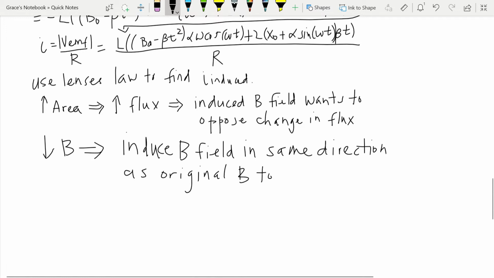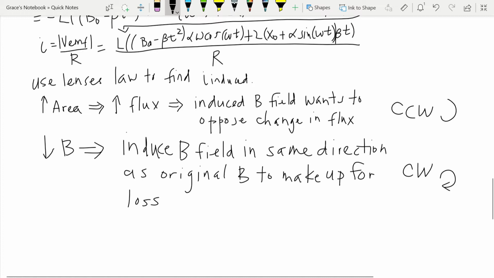The B field is decreasing with a small change in t, and so a decreasing magnetic field means that we're going to want to induce a magnetic field in the same direction to make up for that loss, to oppose the change in flux. And so inducing a magnetic field in the same direction as the original magnetic field, which is into the page, gives us a clockwise direction using the right-hand rule.